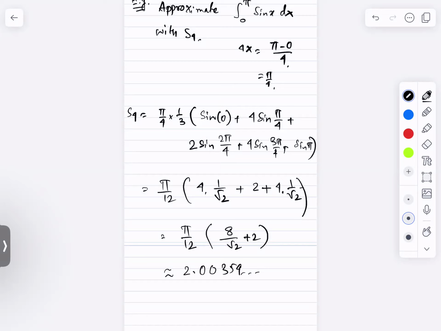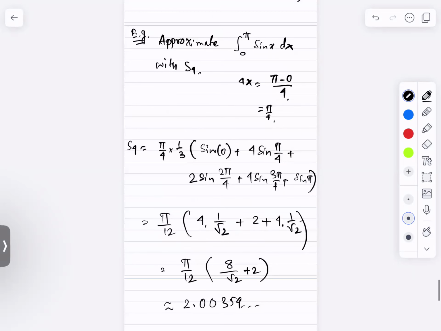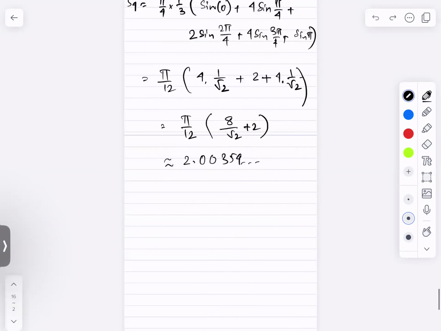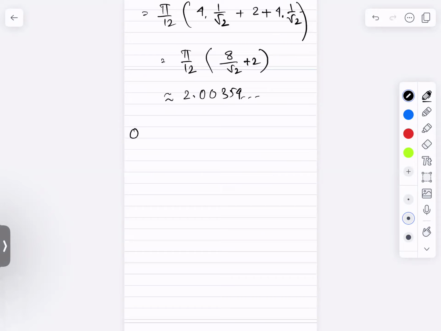So you can see that in this case Simpson's rule is quite better, because the exact answer should be 2, and it's quite close to that. Okay, cool so far. Now one good question to ask at this point is how good these approximations are.